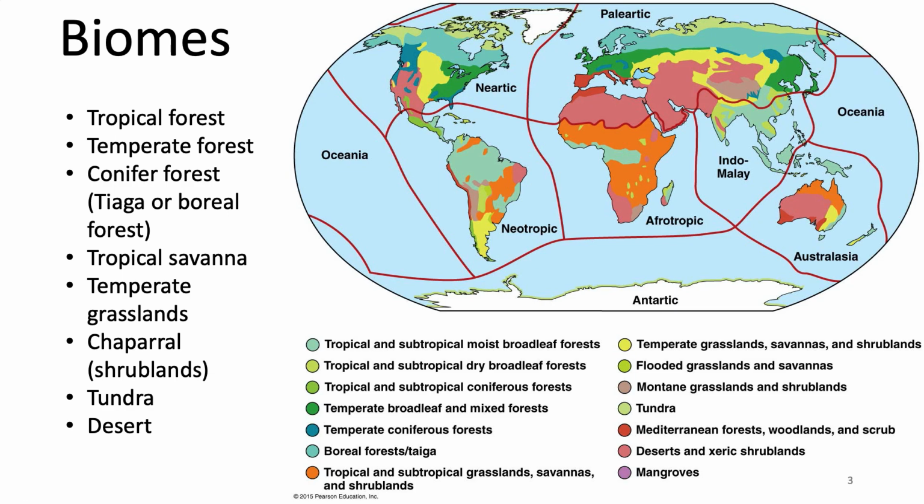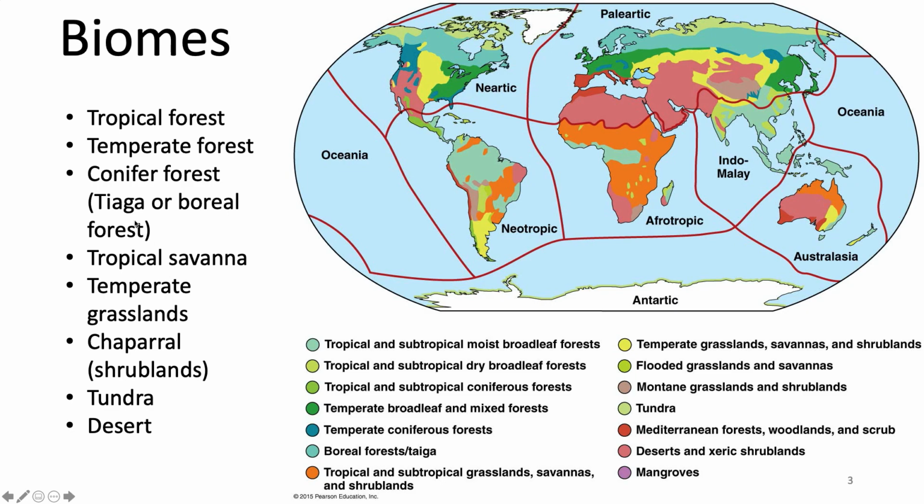Like we talked about with succession two lectures ago, plants are most commonly used for classifying different communities or biomes or ecosystems because they don't move as adults, and so they're easier to use for classification.